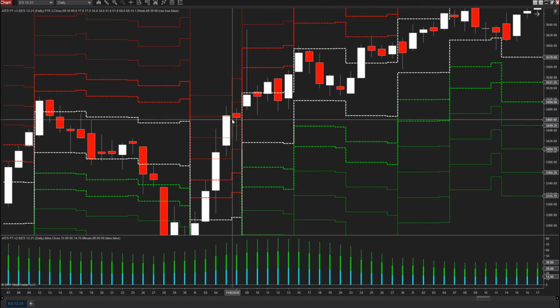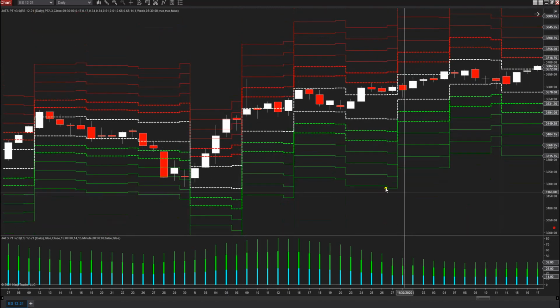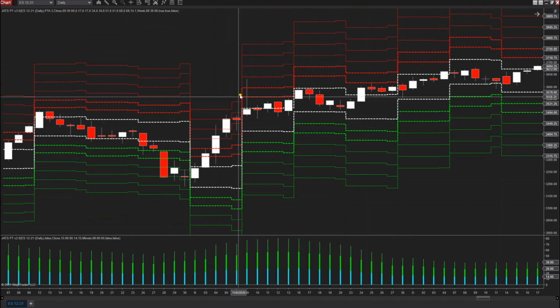So this was November of 2020, a big breach to the upside. So they must have to do the same thing. If you get threatened at that first fib, you just roll your contract to the next week. Sell the premium here.